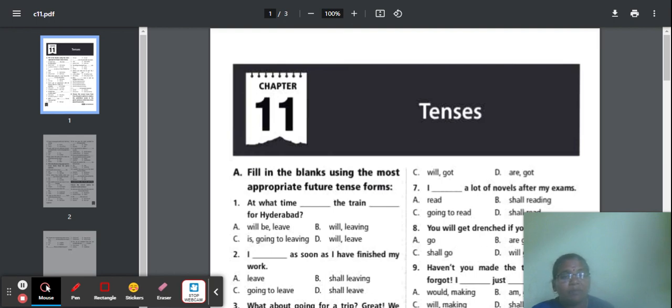Next, present perfect continuous. Present perfect continuous means we have to use the helping verb and main verb. Here it is have been. Continuous means ing. So have been driving. I have been driving a car. We have been driving a car.